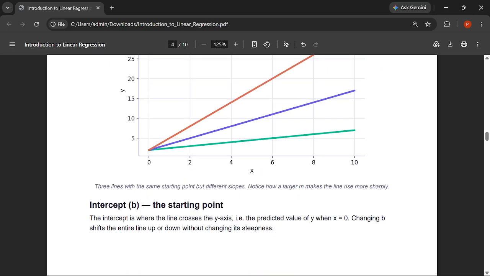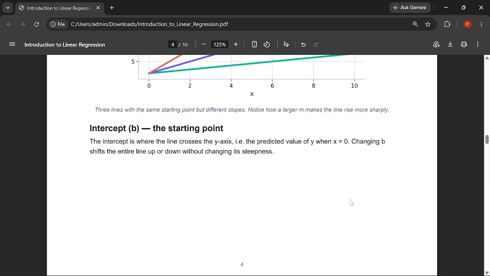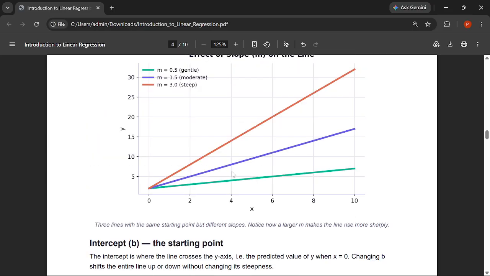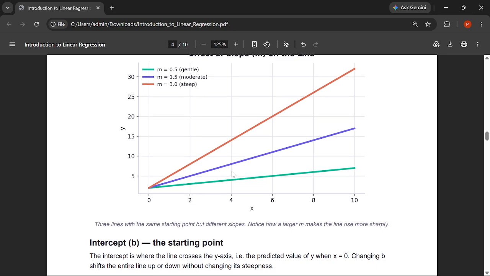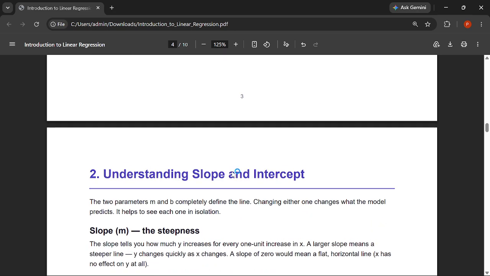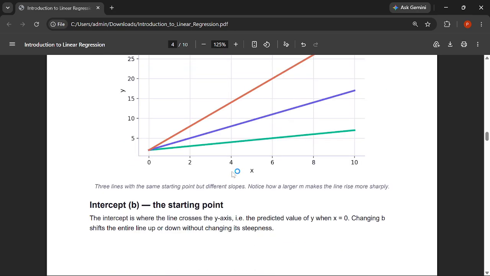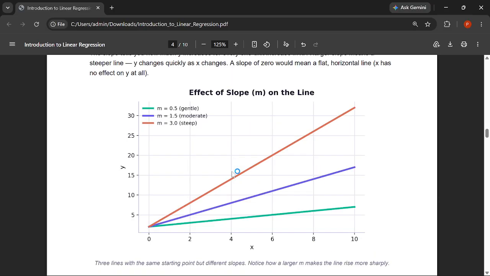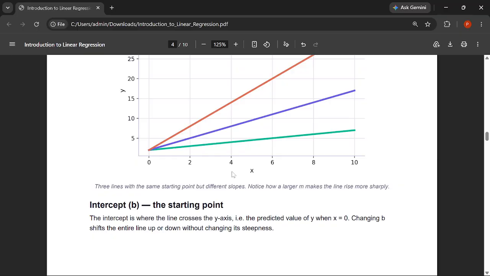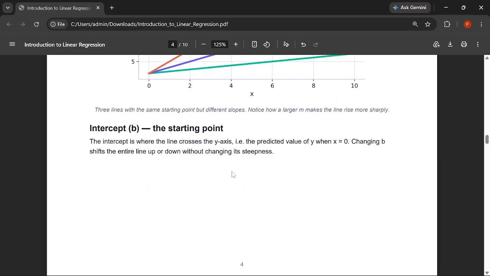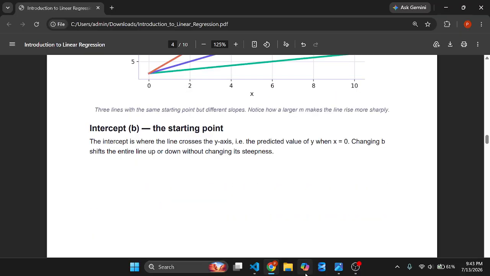The lines have the same starting point but different slopes. Notice how a larger m makes the line rise more sharply. So this is all about m, also known as the slope, also known as the coefficient. There are many more names for the intercept too, like bias.